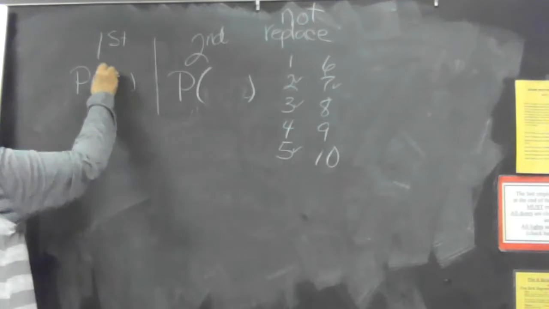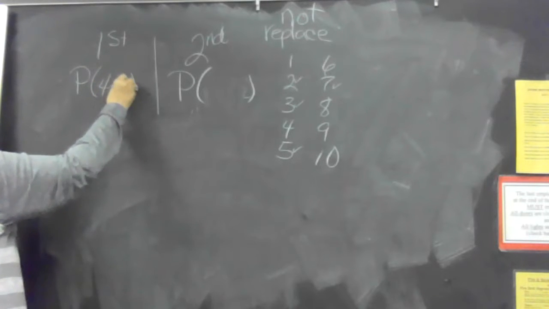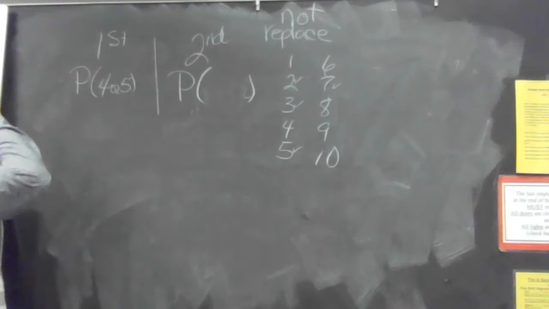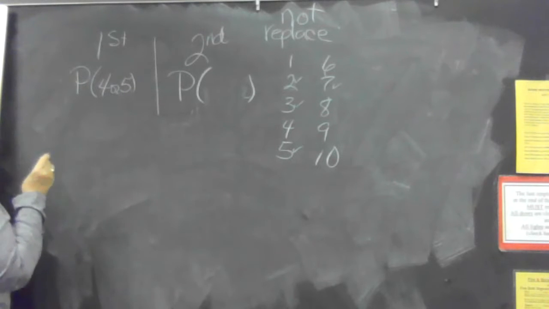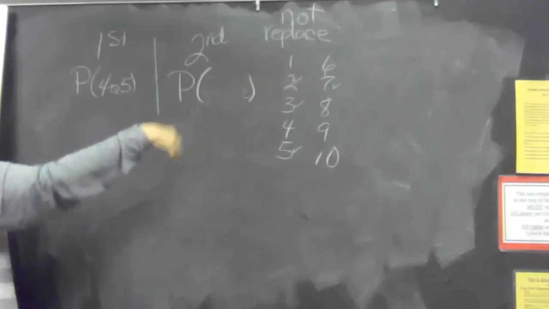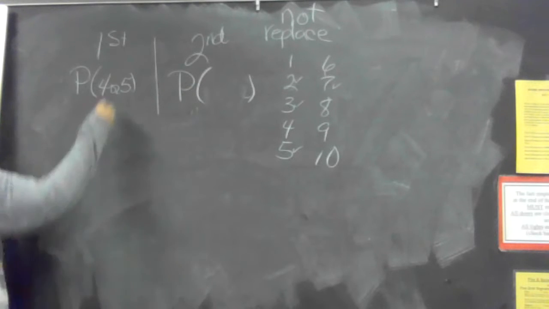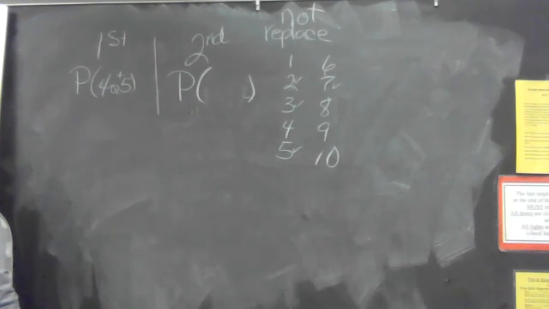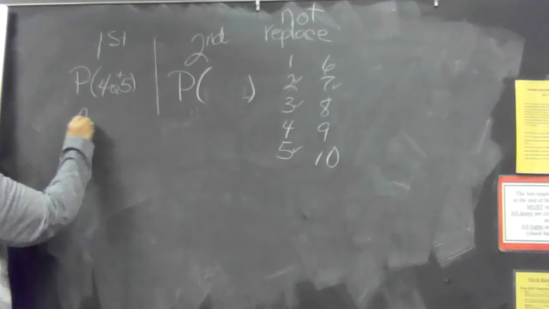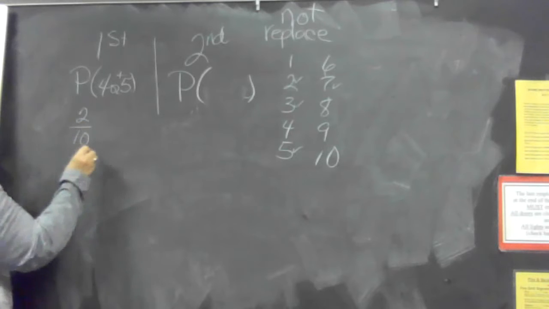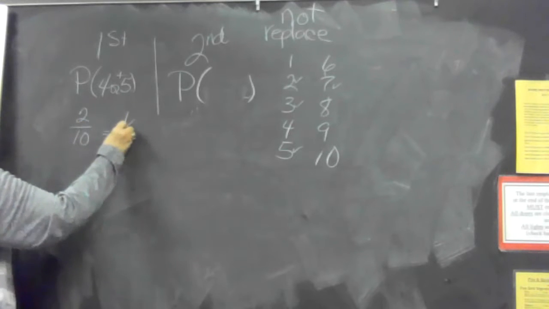Okay, this one's a 4 or a 5. So what's the probability, putting my hand in the box and getting a 4 or a 5? 2 out of 10, right? 2 out of 10 equals 1 out of 5.